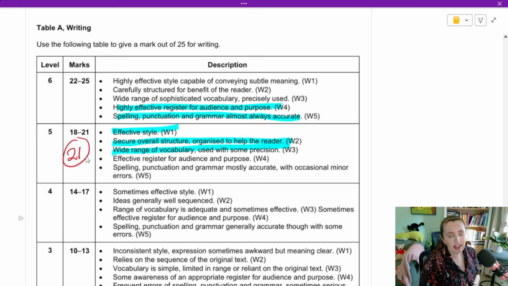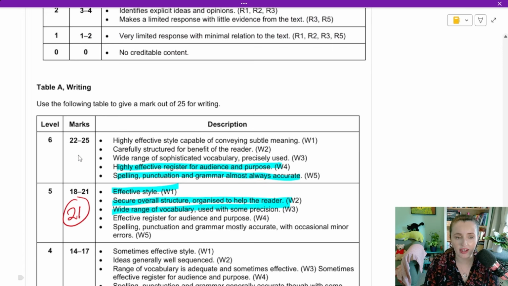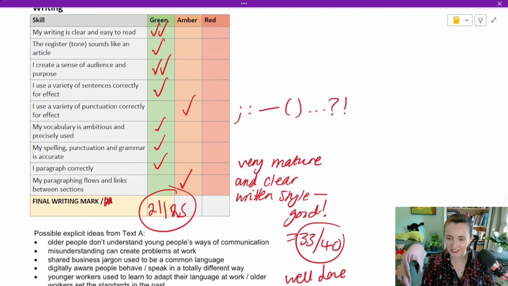He's straddling it. I thought he had a highly effective register and his spelling, punctuation and grammar were almost always accurate, but in terms of the structure and in terms of the vocabulary, I thought that was probably closer to here, so I put him at the top of level 5 in terms of best fit. So those are my 3 examples.